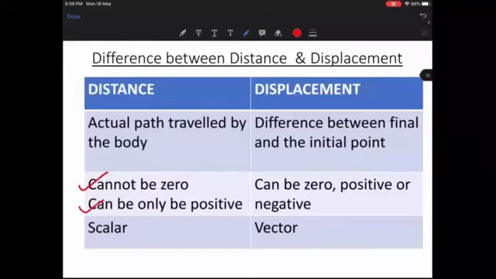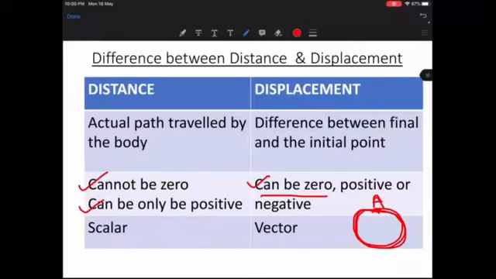But look at displacement. Displacement can be 0. It can be positive. It can be negative also. Now here I want to ask you a question. How can you say that displacement can be 0? Suppose the object goes around in a circle, starts from this point A, goes around, let's say 100 rounds, and then comes back to the same point A. What is going to be the displacement? Displacement is final minus initial.